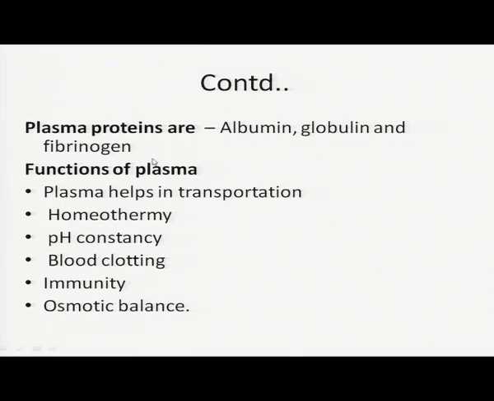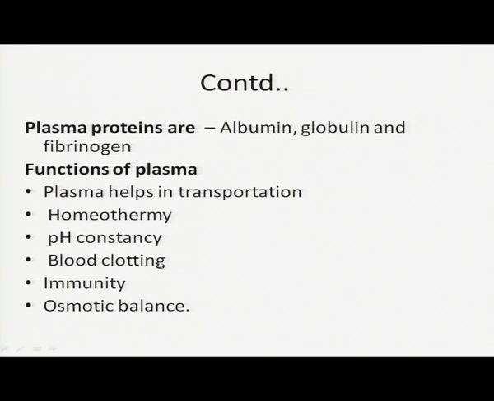Plasma proteins: there are 3 important plasma proteins. They are albumin, globulin and fibrinogen. Now, what are the functions of plasma? They help in transportation, homeothermy, temperature regulation, and pH constancy, maintaining the pH of the blood.